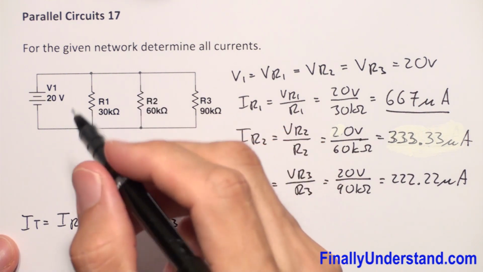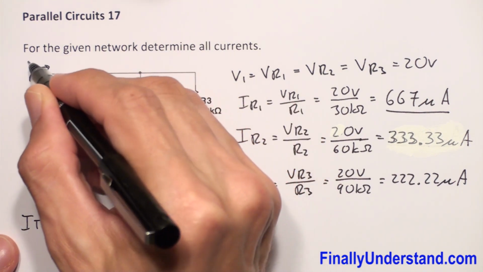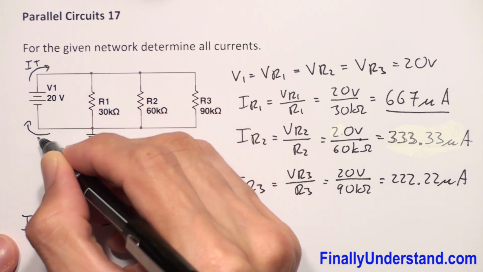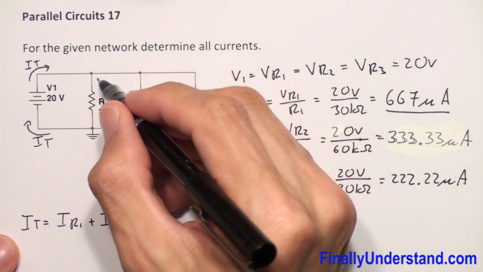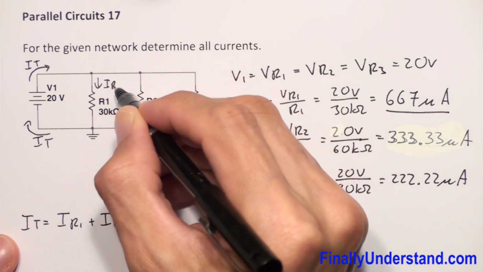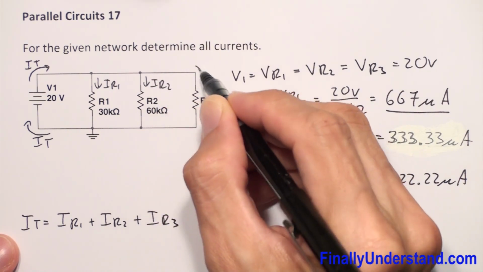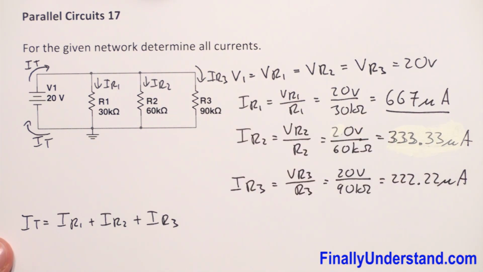Let me remind you that my total current is going to flow over here. This I total is going to flow also over here. And this is going to be my IR1, this is going to be my IR2, and this one is my IR3.